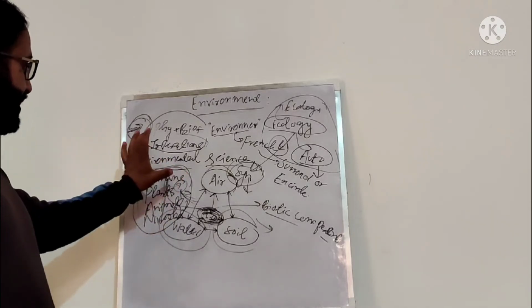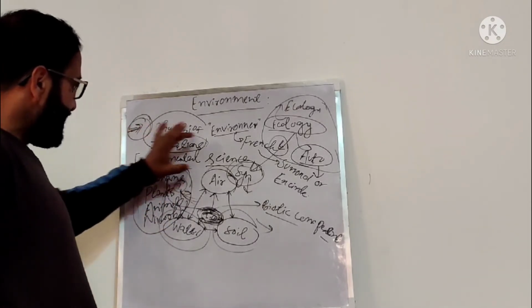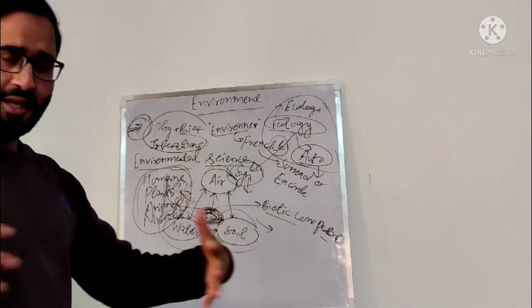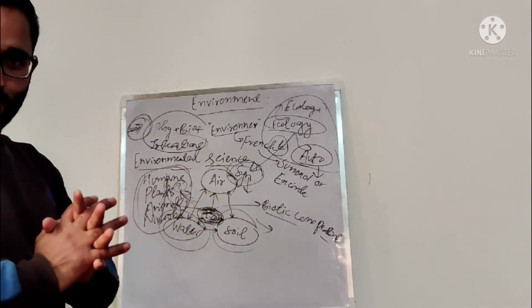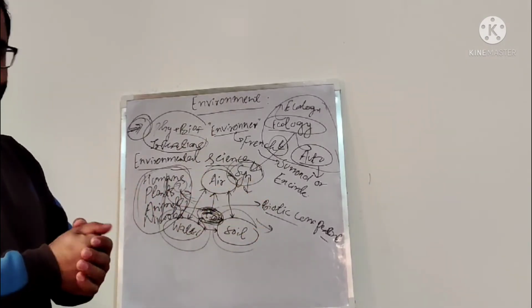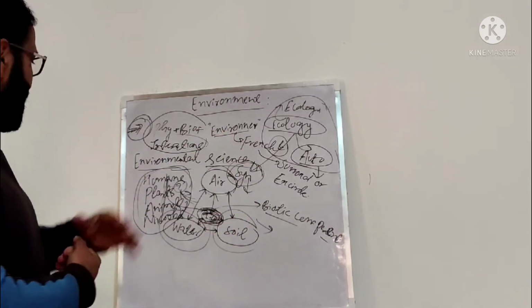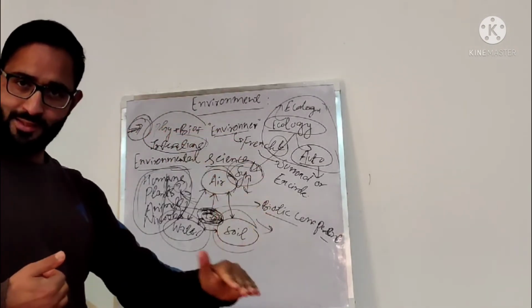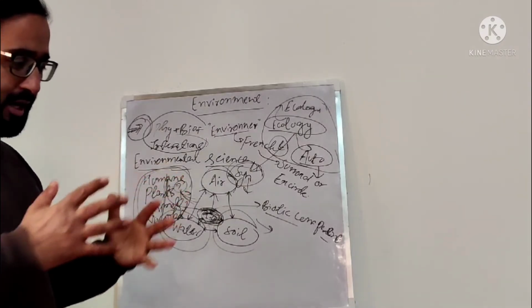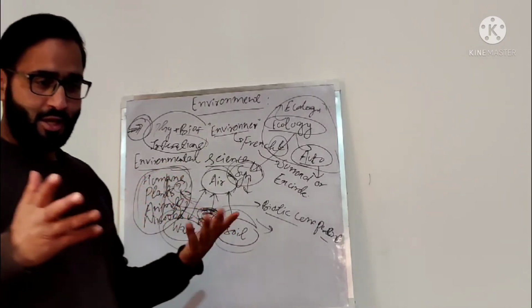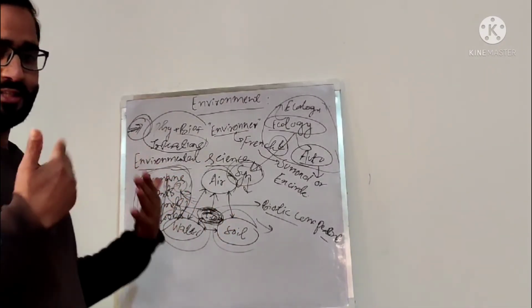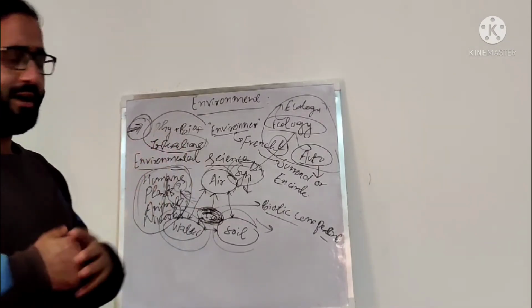That is why we have environmental sciences. It integrates many branches of science and social science to study environmental problems. So environmental science is a multidisciplinary branch which integrates social sciences, physical sciences, and biological sciences to study the environment.